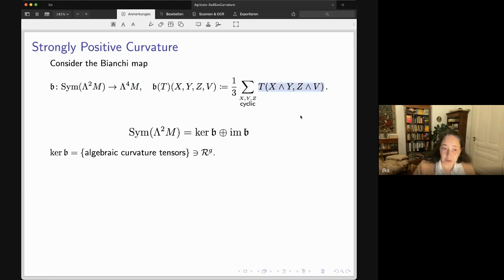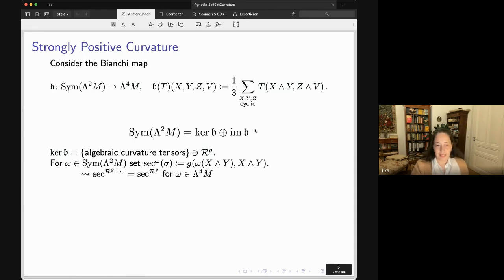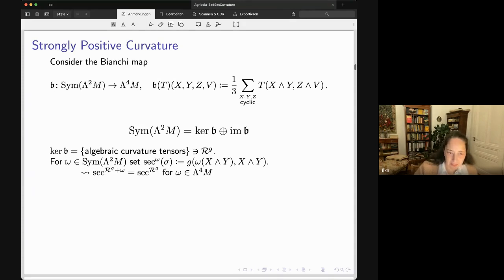these combinations, right? And we do know that the kernel of B in the Riemannian case just corresponds to algebraic curvature tensors, and in particular, the Riemannian curvature operator would lie in there. And in general, we have the decomposition of symmetric endomorphisms as being the kernel plus the image of B. Fine. So now take any omega which is inside symmetric endomorphisms and define for such an omega something which looks like a sectional curvature, right?